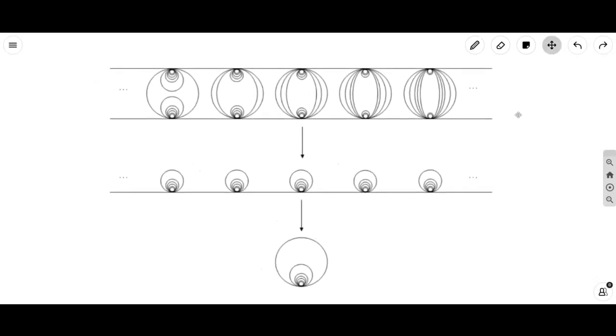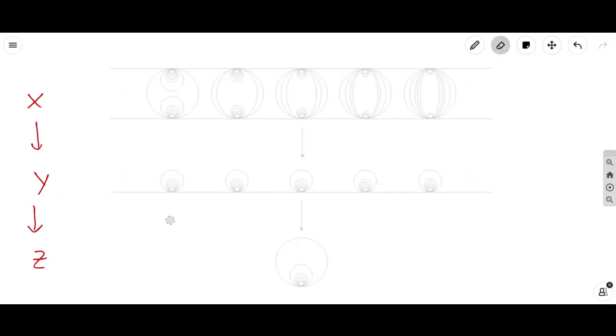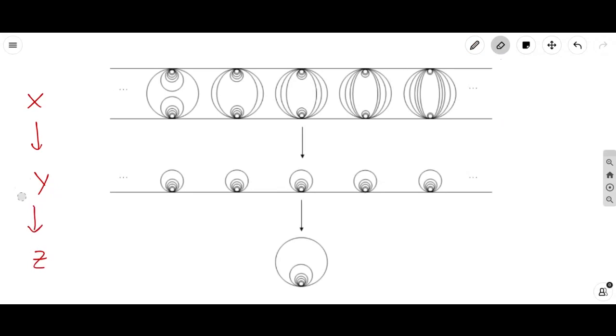So we have three spaces over here. Let's say this is X, this is Y, and this is Z. And we have covering maps. I think it's easier to first look at this covering from Y to Z. This one's easier to explain.